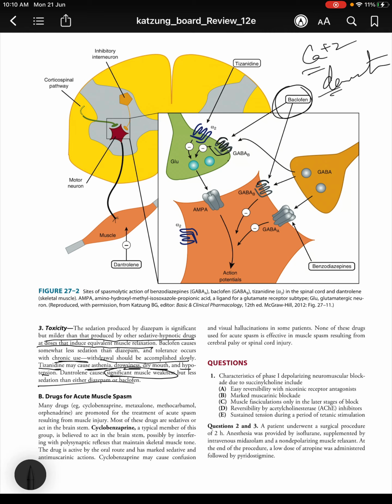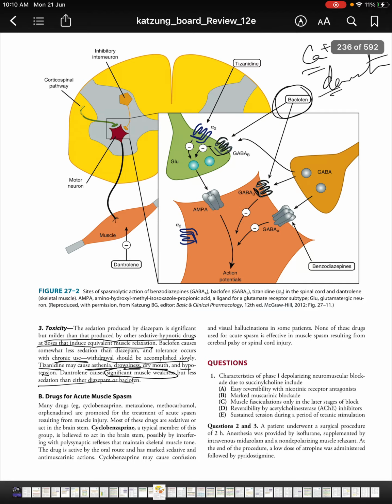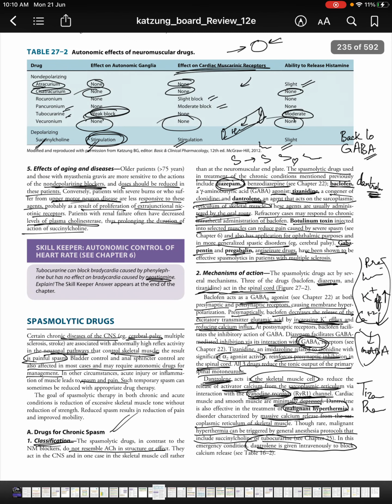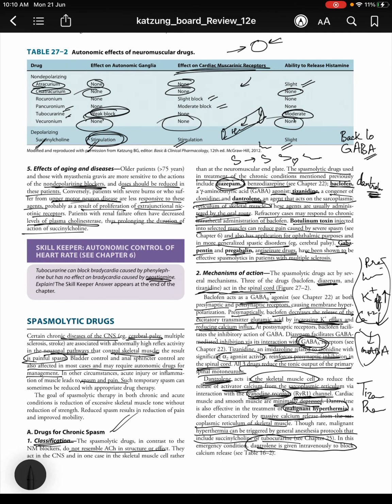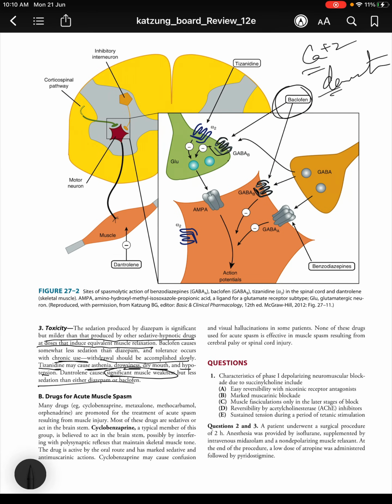At the postsynaptic level, baclofen acts as a GABA agonist, right? So at the postsynaptic level, it facilitates the inhibitory action of GABA. At the presynaptic level, it reduces the release of excitatory neurotransmitter glutamate.